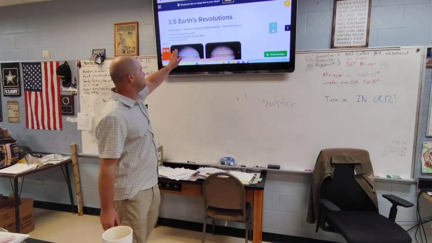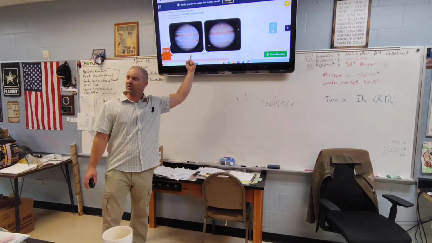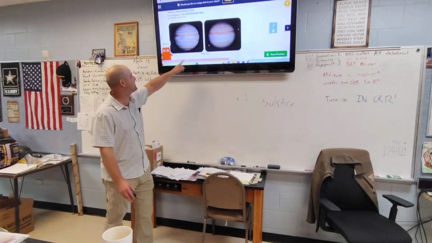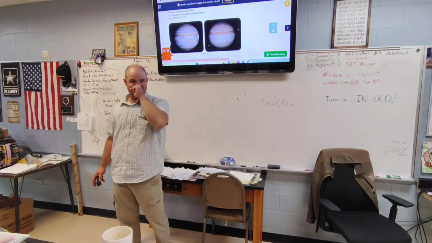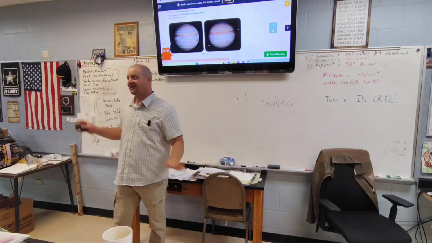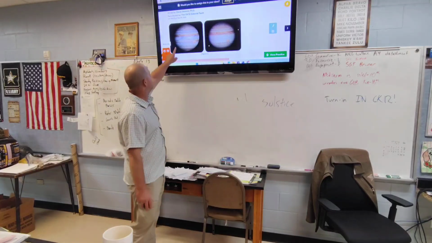All right. So Earth's revolutions. We revolve around the sun. And this is Pluto, right? No, that's Jupiter. She got upset. Yeah, it's Jupiter. What's this? The great red spot. Okay, that's a highly scientific term right there. Whoever named that, they really had their thinking cap on. What's this?